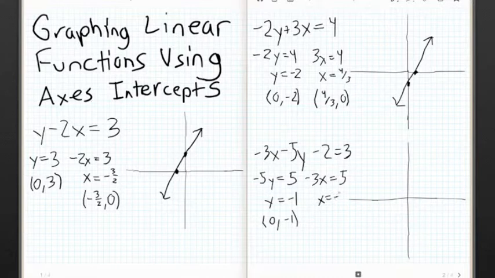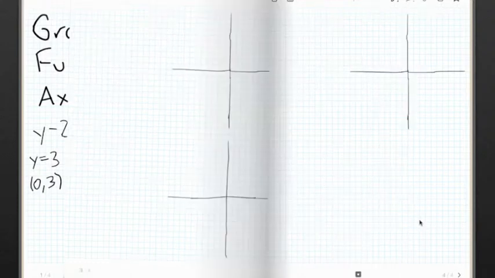X equals negative 5 over 3. So we have negative 5 over 3, 0. So we plot these 2 points, draw a line through them, and that's a general idea of what the graph looks like.